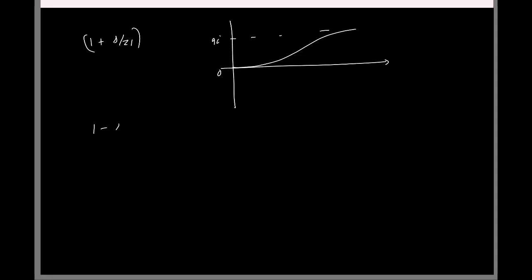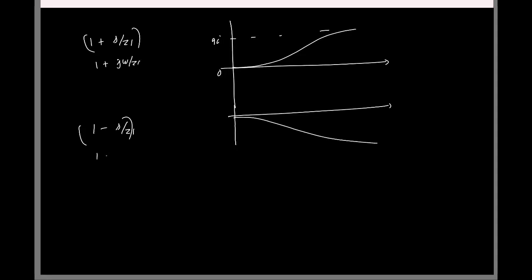Now if I have a right half plane zero, what will happen? It will go to minus 90. So everyone fine with that? And it is basically 1 plus j omega by z1, 1 minus j omega by z1. As omega tends to infinity, the left half plane zero will contribute plus 90, the right half plane zero will contribute minus 90. Is that okay? Yes, sir.